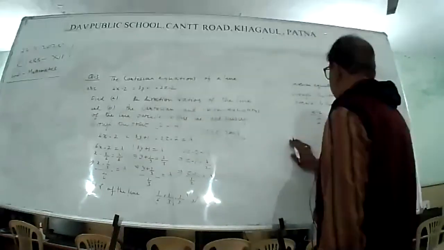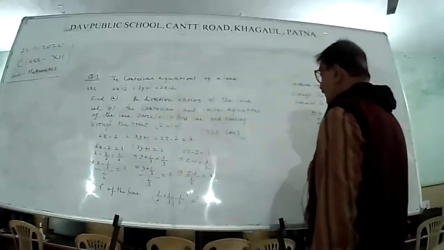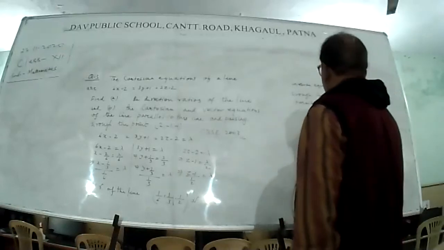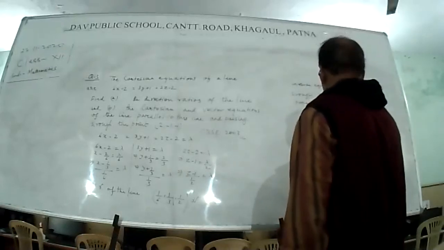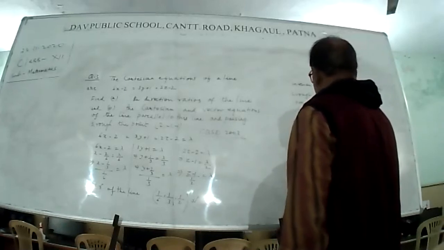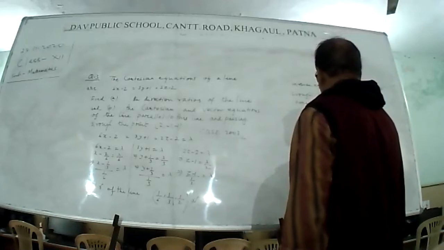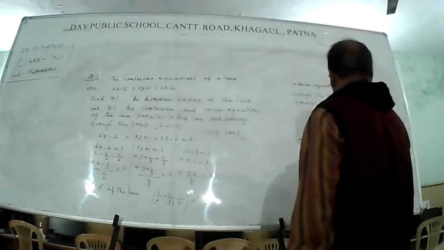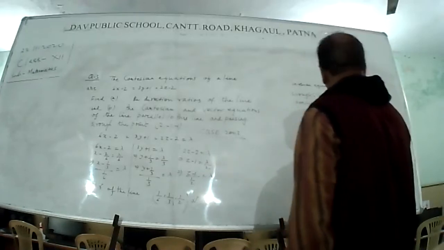And now the vector equation. Let x minus 2 be equal to 1 by 6 lambda. This implies x i unit vector minus 2 i unit vector is equal to 1 by 6 i unit vector into lambda. First.